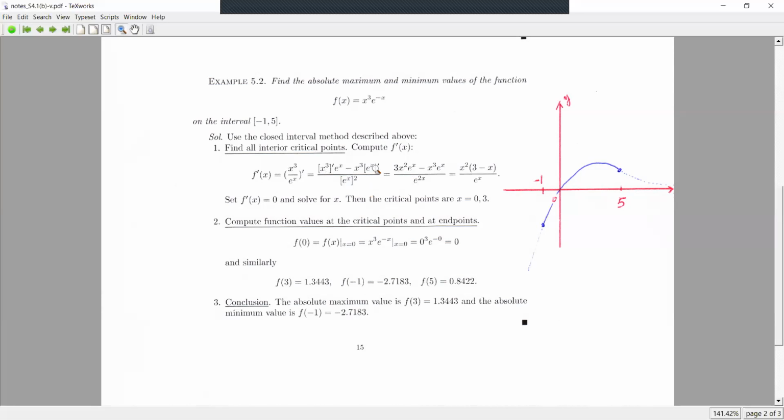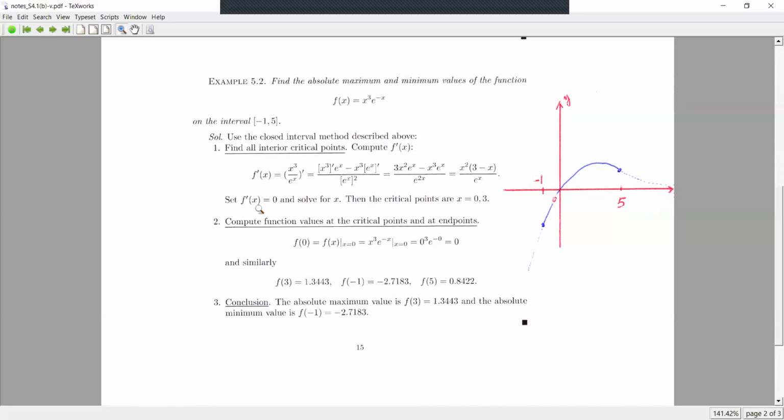The derivative of e to the x is e to the x. Now, let me factor out e to the x from the numerator and cancel it with the bottom. The bottom has 2 e to the x, so I can cancel 1. And take x squared out, then I get this.